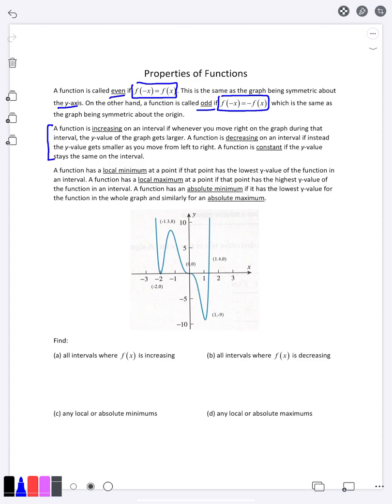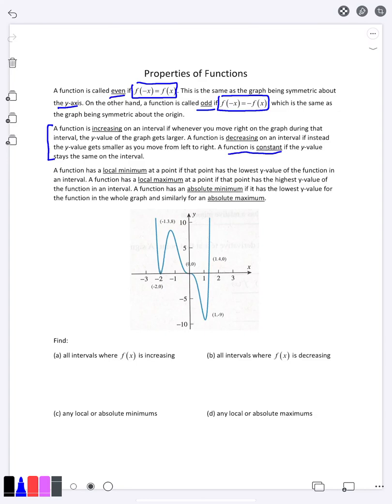So in particular here, increasing means that as you go left to right on your graph, you are going up, whereas decreasing means as you're going left to right on your graph, you are going down. We're not going to deal with constant that often just because it doesn't happen with a lot of formulas that we have, but it's possible for a function to be constant at part of it, and constant just means it's not going up and it's not going down. It's just staying completely flat right there.